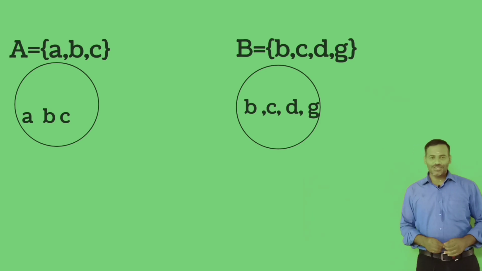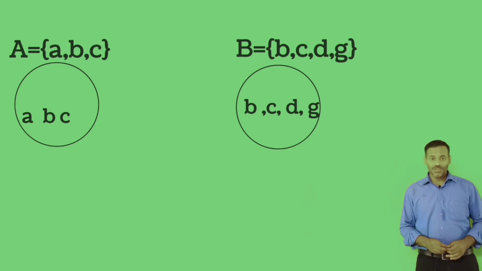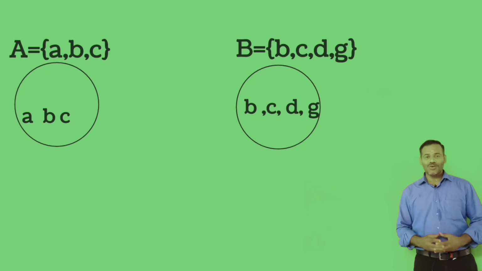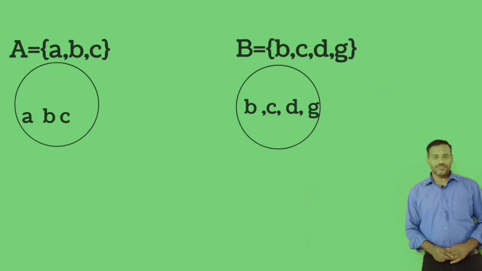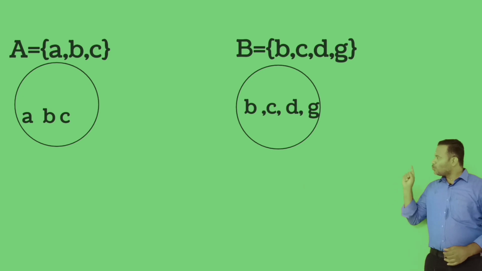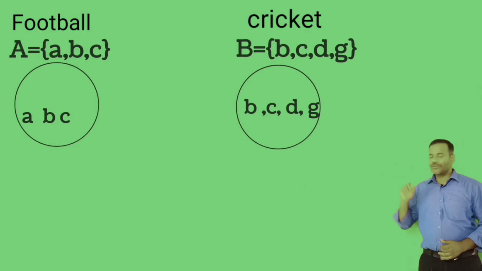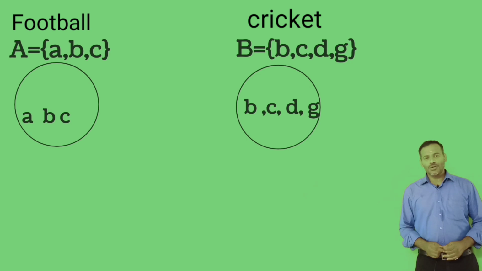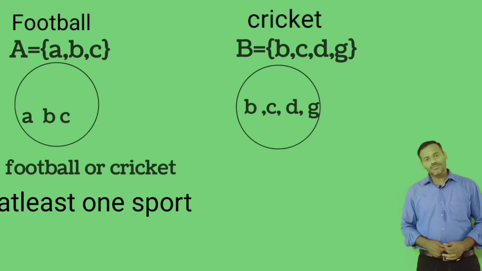Now you may ask the question, what is the purpose of putting these elements inside the circle? It helps us to understand the union of set and intersection of set. Children, now looking at these two sets, football and cricket, are you able to observe the people who love football or cricket, or at least any one sport?